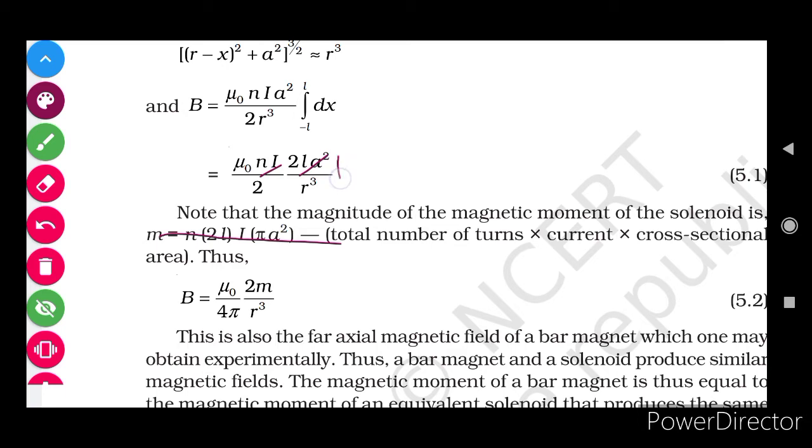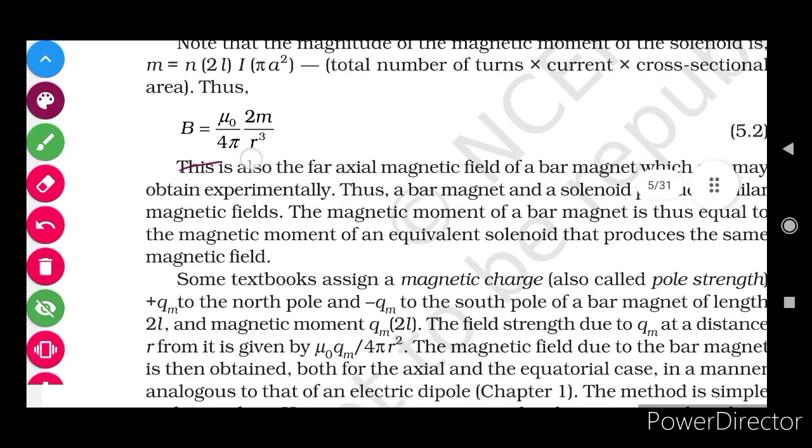I can multiply and divide by pi, and this will become m. So B is equal to mu naught 2m upon 4 pi r cube. This is the magnetic field for a far axial point from a solenoid.